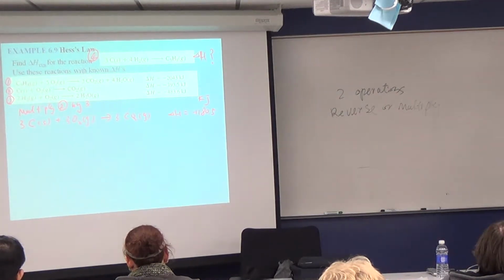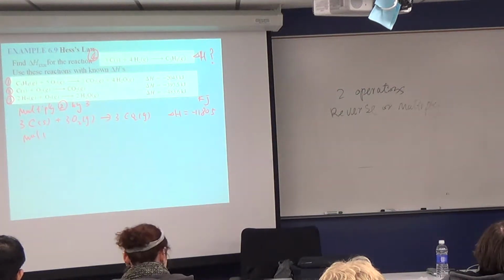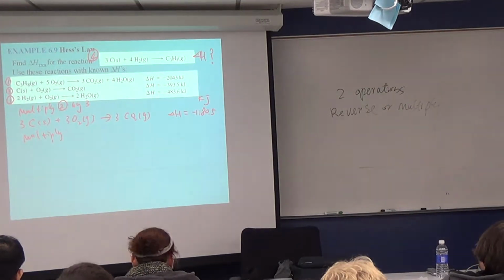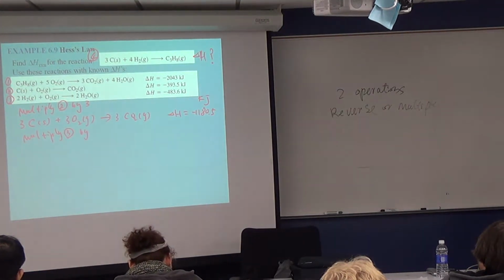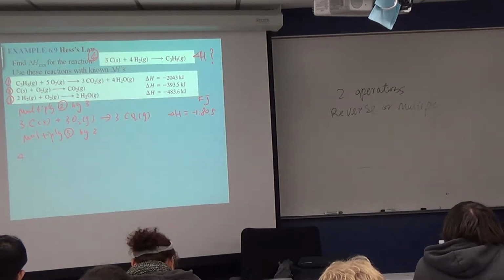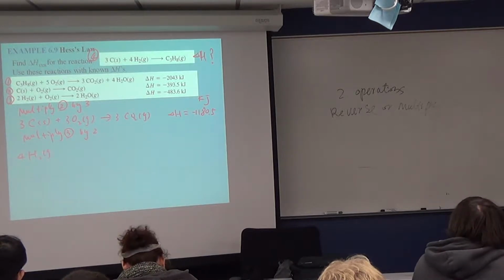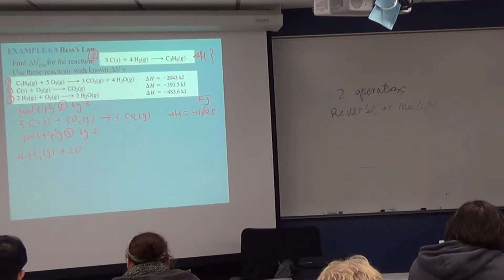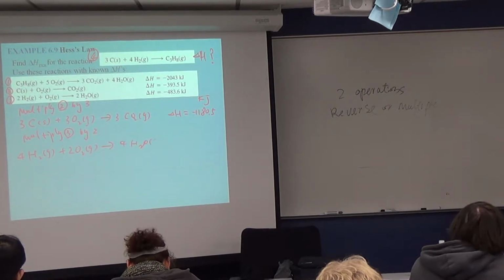We multiply equation 3 by the number 2. So you will get 4H2 gas plus 2O2 gas producing 4H2O gas.